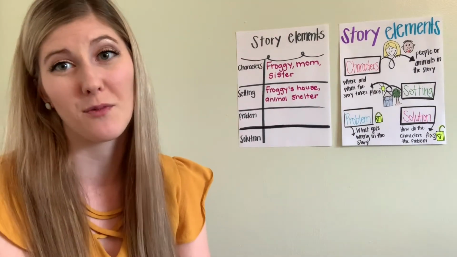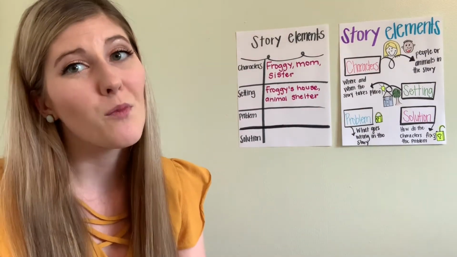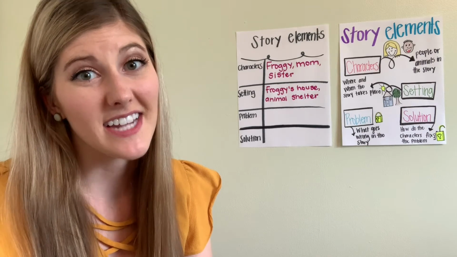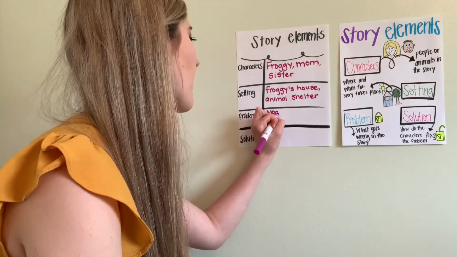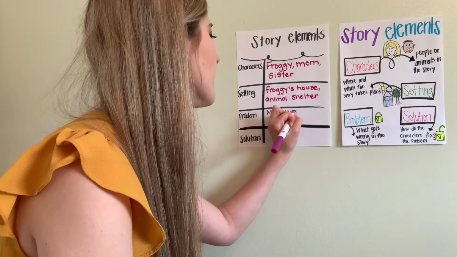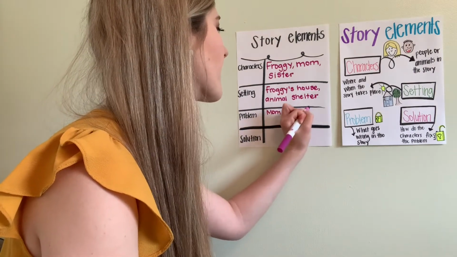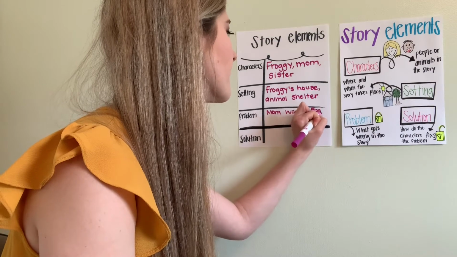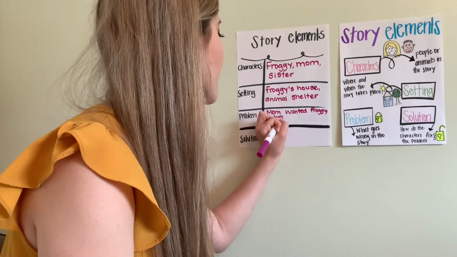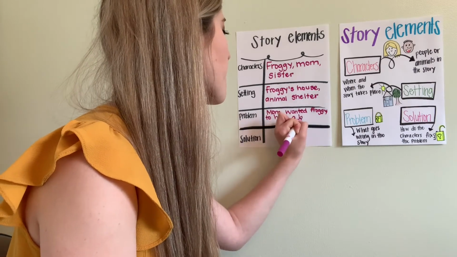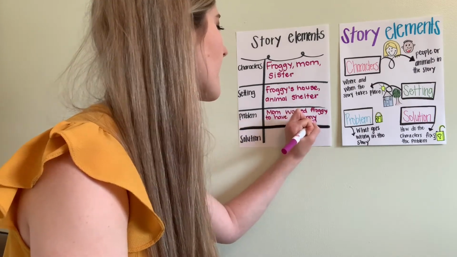Okay, so the problem was Mom wanted Froggy to have a bunny. I'll write that down. Mom wanted Froggy to have a bunny.